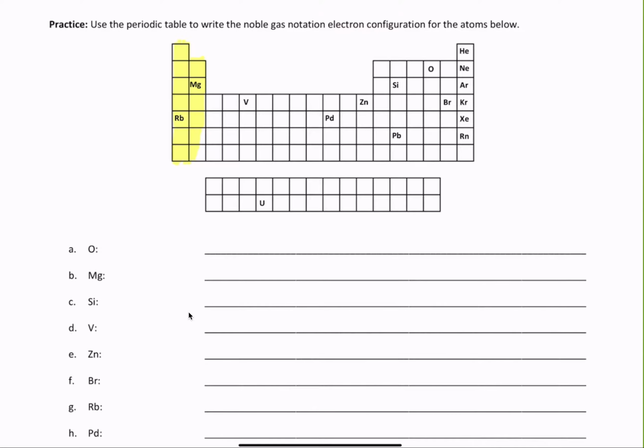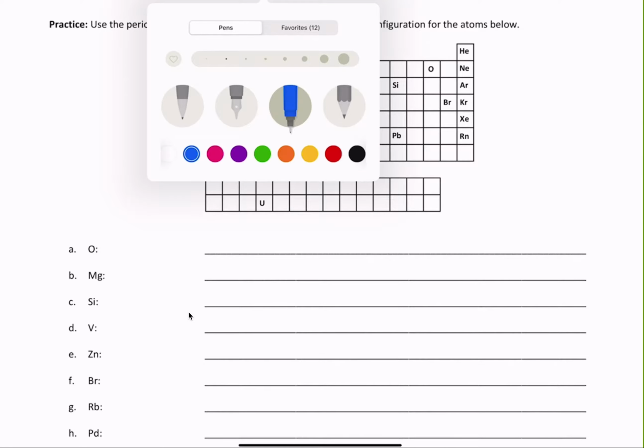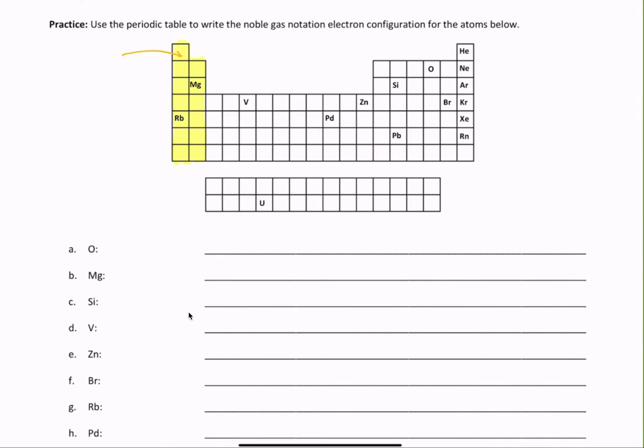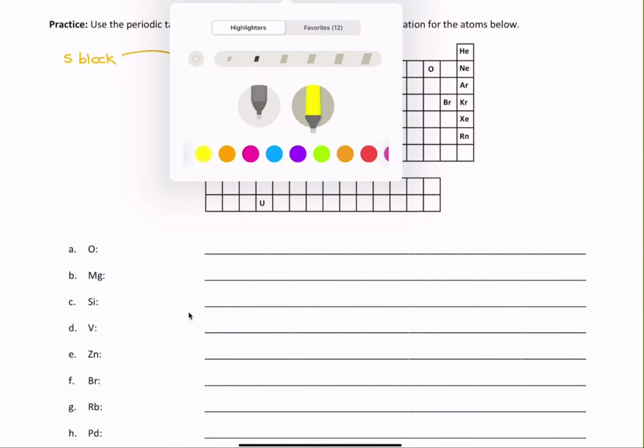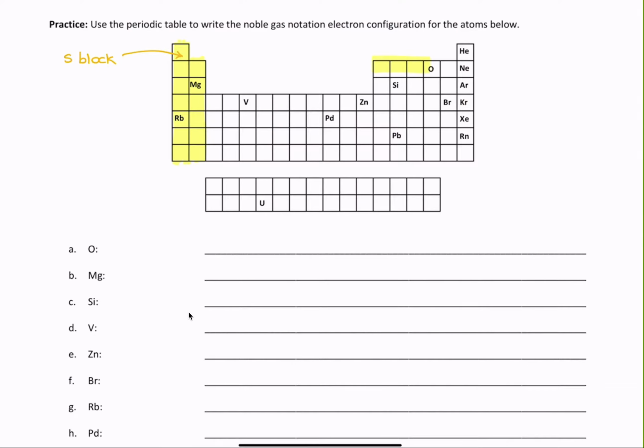This is our S block. And right here, maybe I can just go slightly bigger, it'll be more helpful. You have your P block.